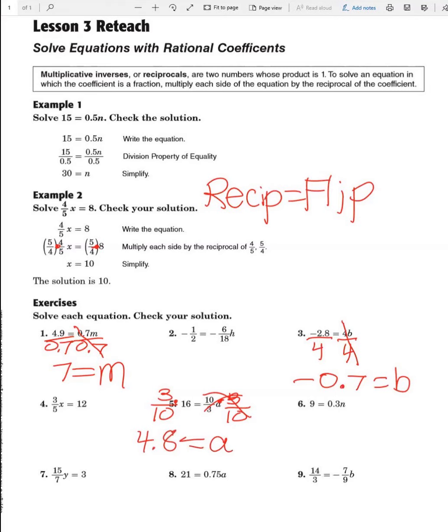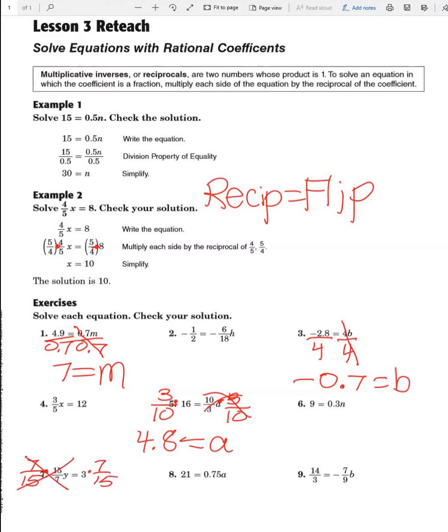Let's try number 7 next. 15/7y equals 3. In this problem, we have a fraction coefficient. We need to flip it to the reciprocal. The reciprocal of 15/7 is 7/15. We're going to multiply by 7/15 on both sides.